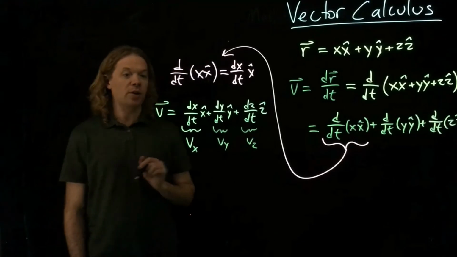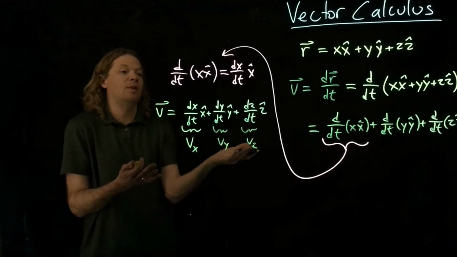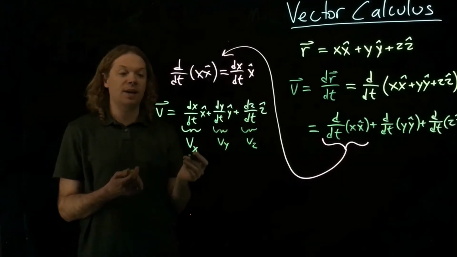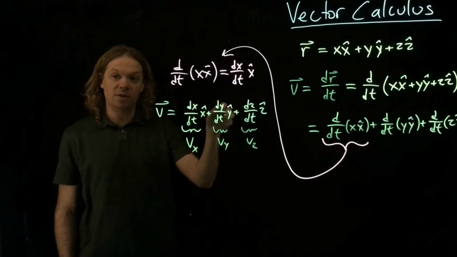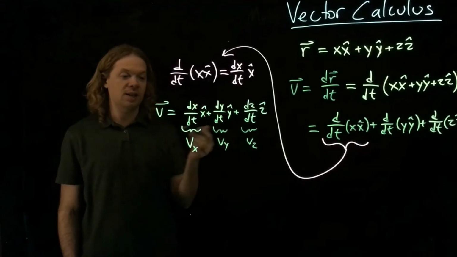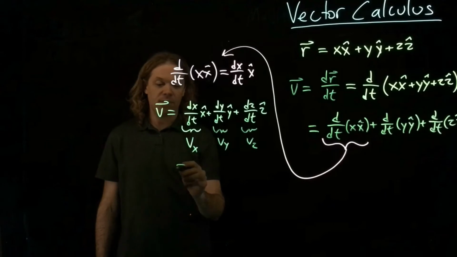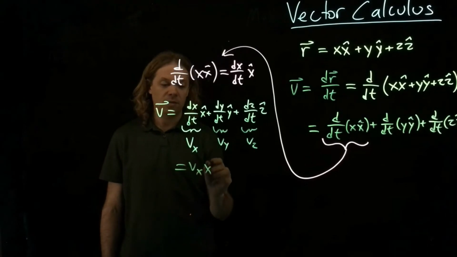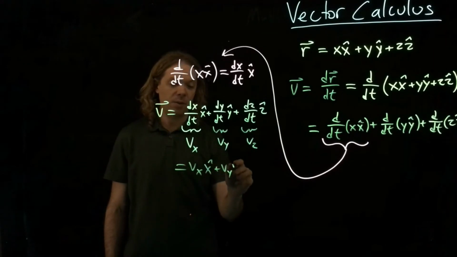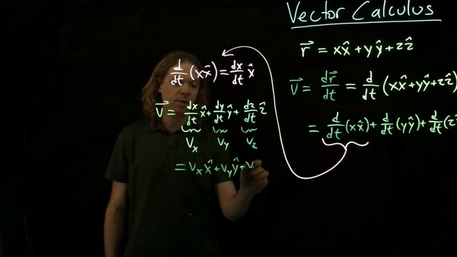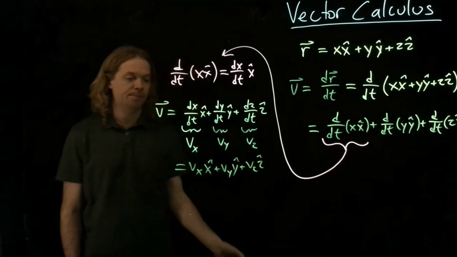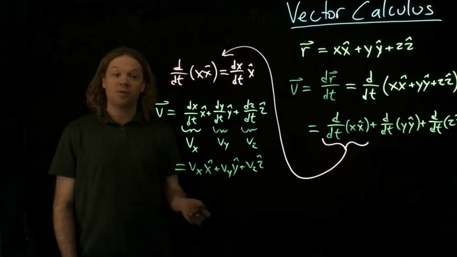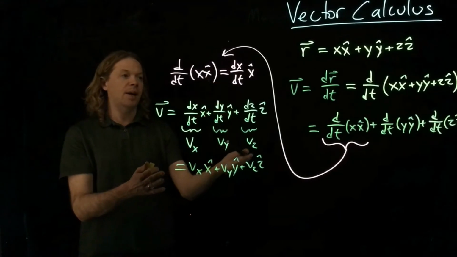Very simple. Okay, great. So that's just how you take derivatives of a vector. You just carry the derivative through each term. Don't do anything to the unit vector because those are constant. And then we can also finally write this as vx x hat plus vy y hat plus vz z hat. Okay, so that's how to take a derivative of a vector.